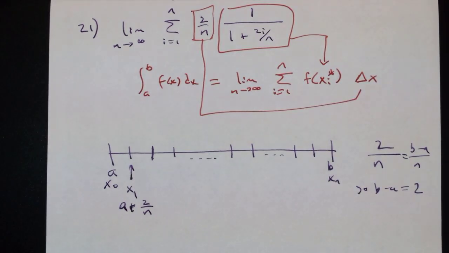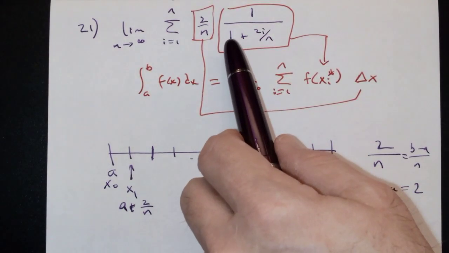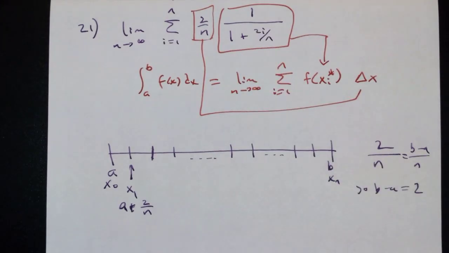Either I use x0 or x1 in my first interval. I'm either doing a left or a right, maybe a midpoint. I should look at what's in the xi star bit and see if I can match this up now. If I used the left edge when i is 1, then I would have 1 and no steps.